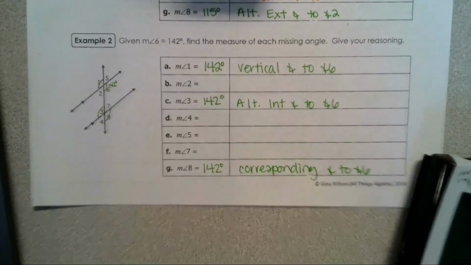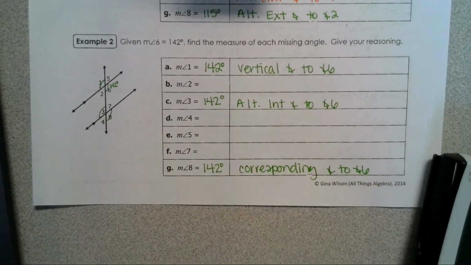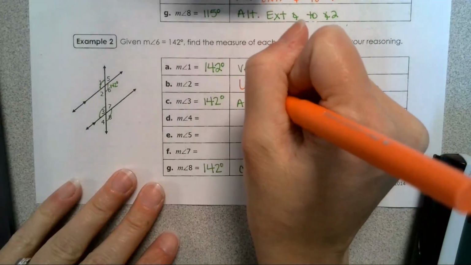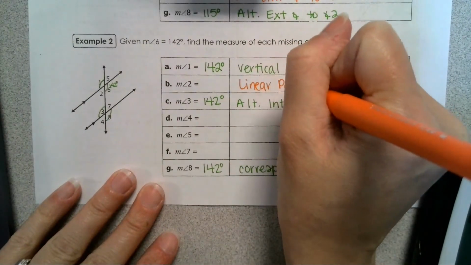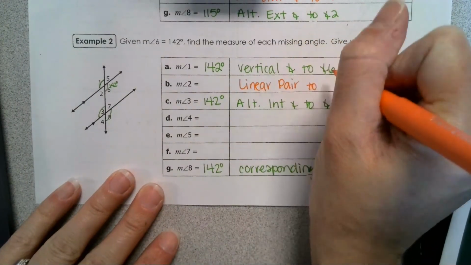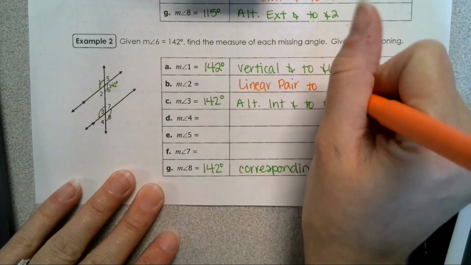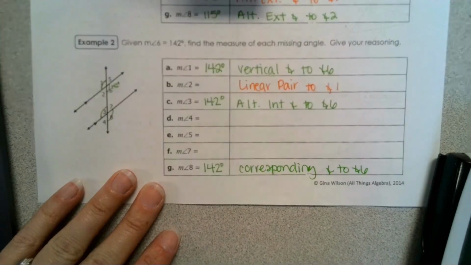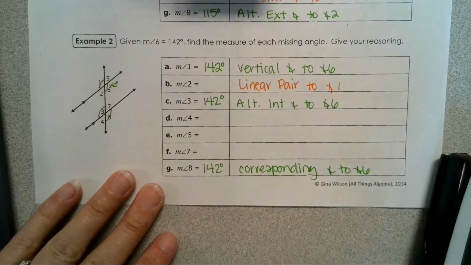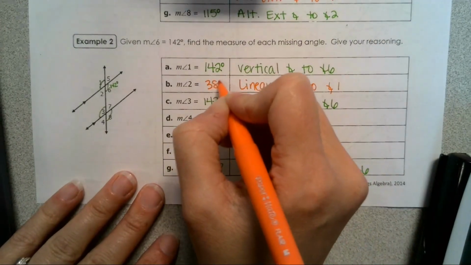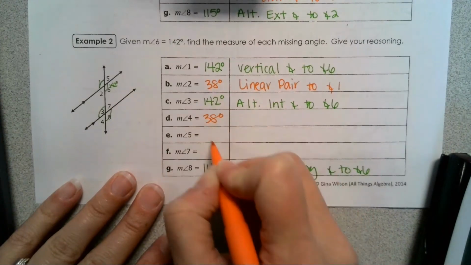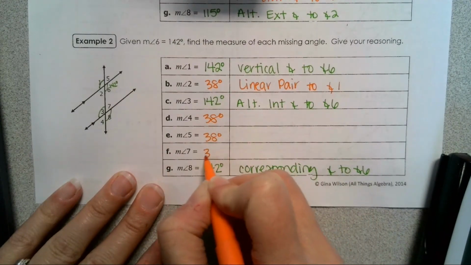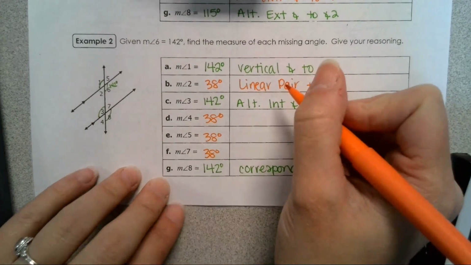So I know that angle 1 and angle 2 are a linear pair. And I could have done angle 2 to angle 6 as well. And then 180 minus 142 gives me that this is 38 degrees, which is going to be the rest of these. So then we have angle 4.